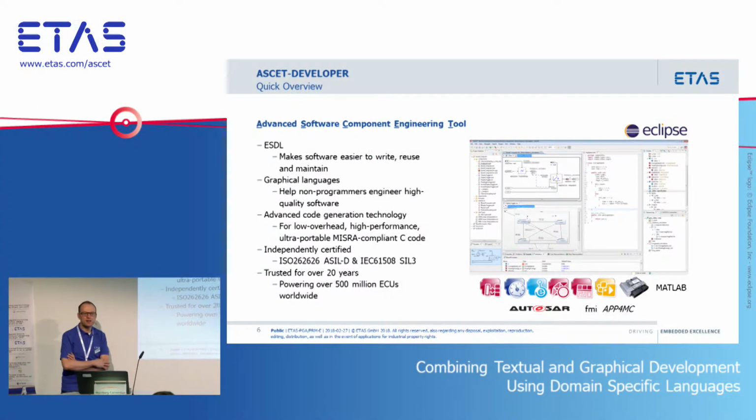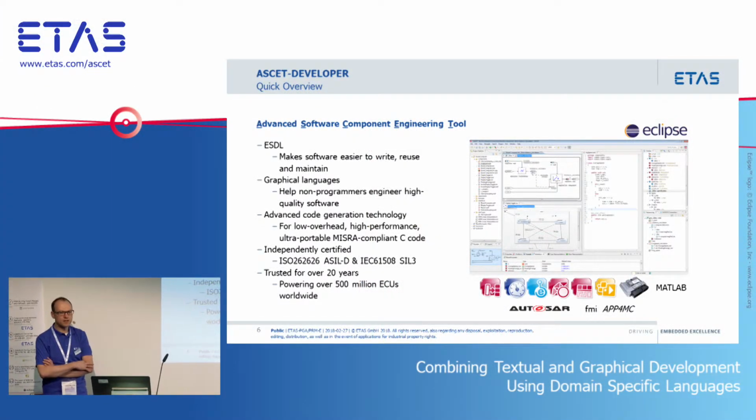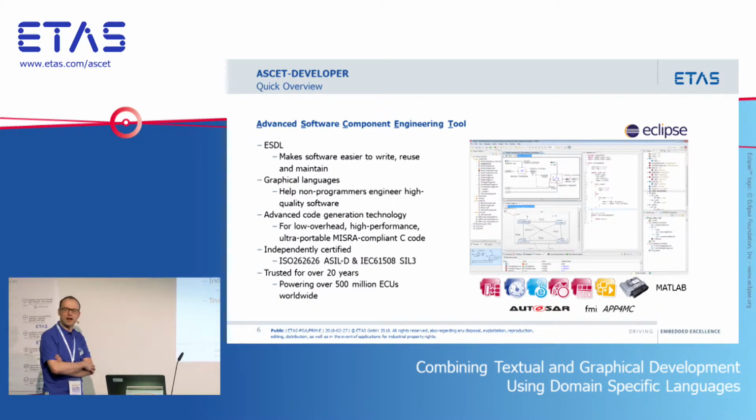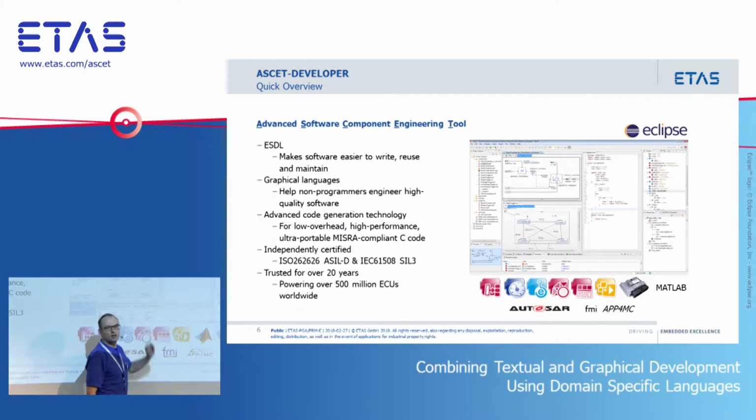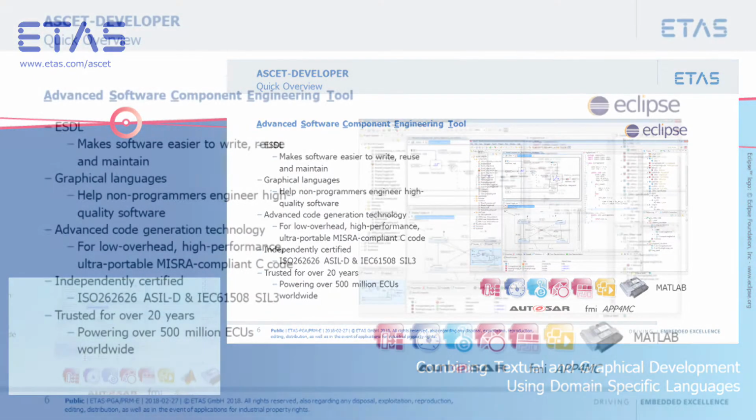And the idea behind ESDL is to make software easier to write, reuse, and maintain. So much more easy to use than writing things in C and hacking around bits of C and putting hash includes and hash pragmas everywhere and this kind of thing. And you can see a bit of ESDL on the right-hand side here. It looks a little bit like a normal C family programming language.